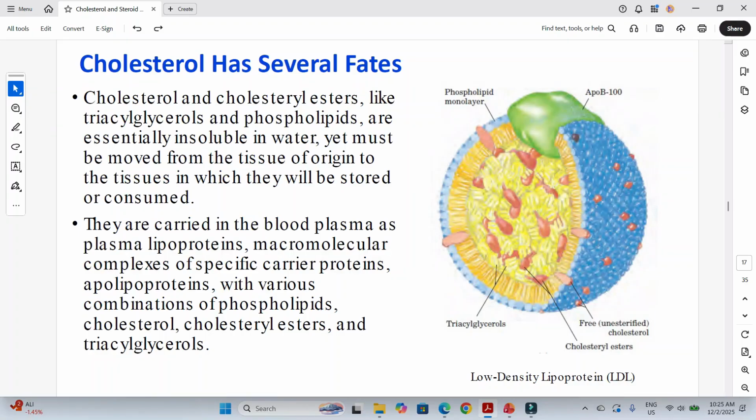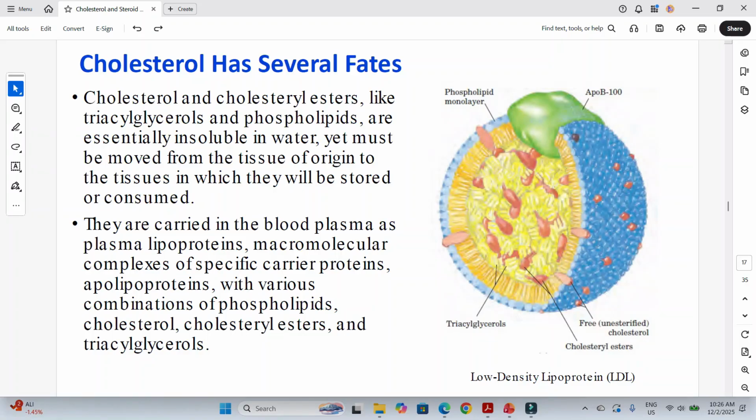Okay? So the lipoproteins, micellar assemblies, you can think of them as transports, right? They are the means by which cholesterol and cholesterol esters are transported to different tissues.